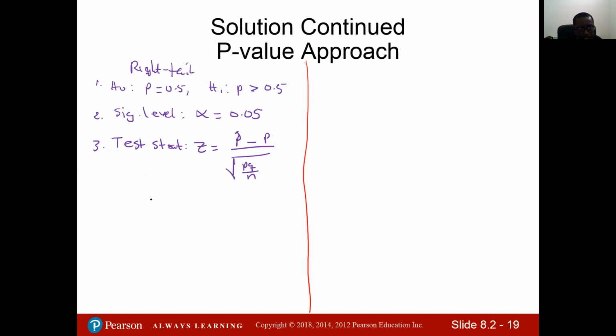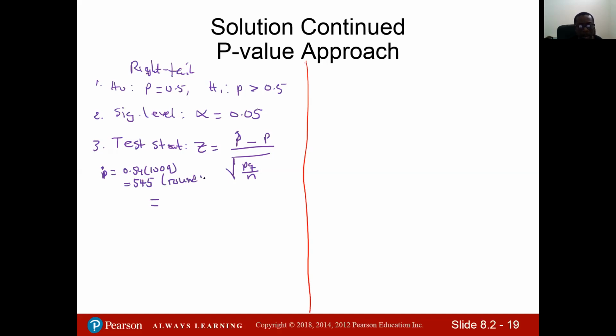So this is actually equal to, what's my P hat? The P hat is 0.54 times 1009. This gives me 545, which we rounded up.